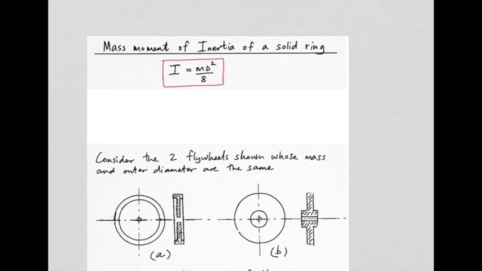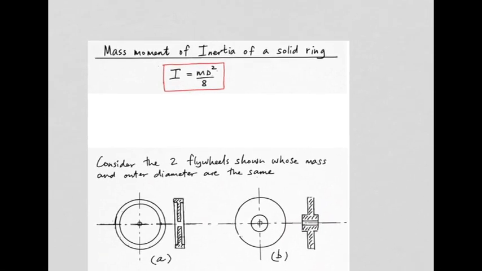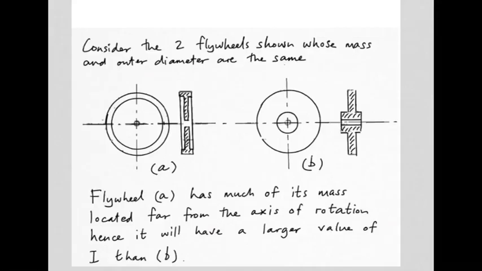Okay, now the big difference here is the two flywheels would differ in terms of mass moment of inertia. Which one would have the higher mass moment of inertia, do you think? Well, flywheel A has much of its mass located far from the axis of rotation, hence it will have a larger value of I than flywheel B.